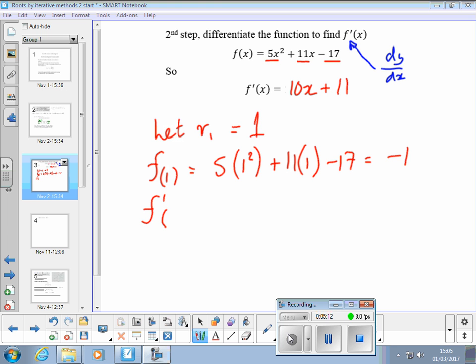And f dash at 1 is equal to 10 times 1 plus 11, that is equal to 21.